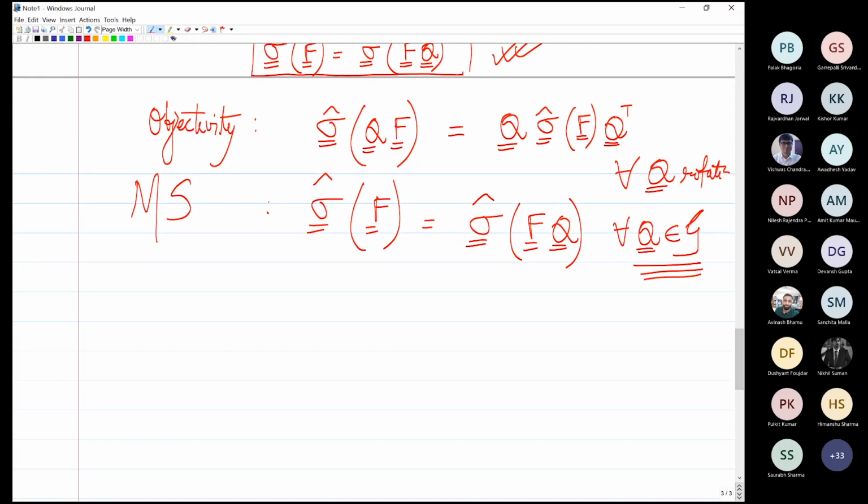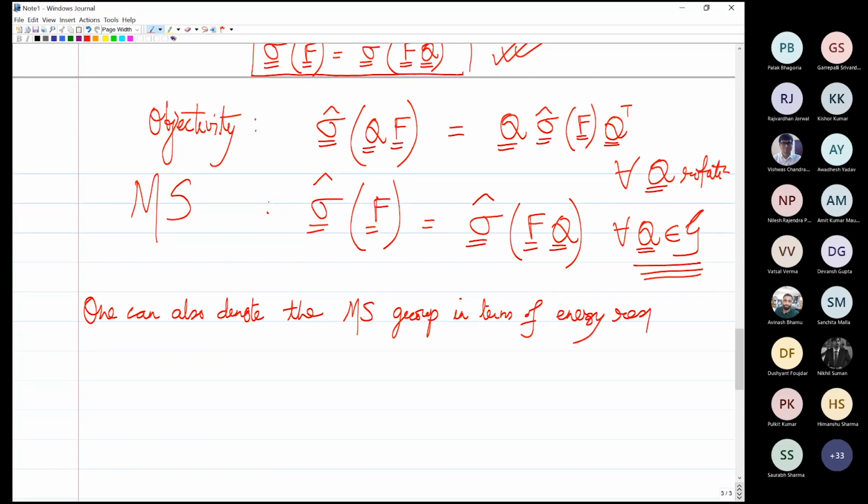And to illustrate it further, one can also denote the material symmetry group in terms of the energy response function.